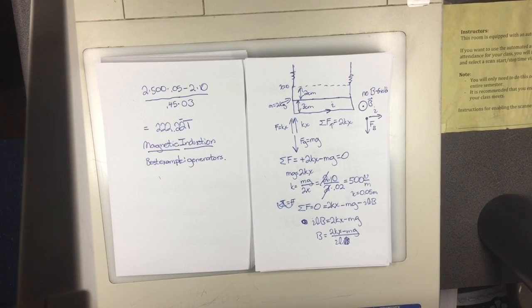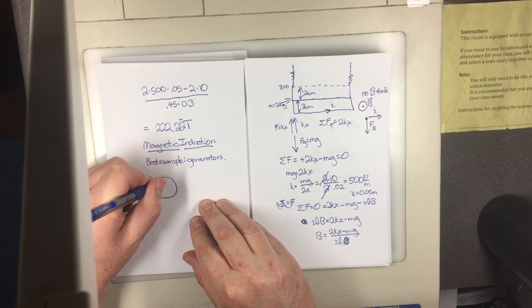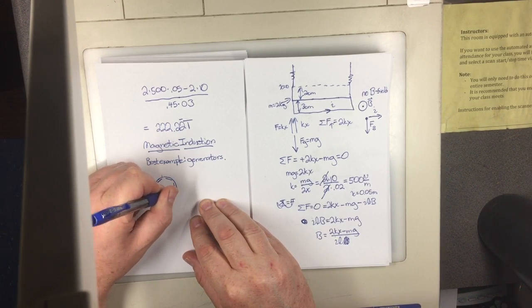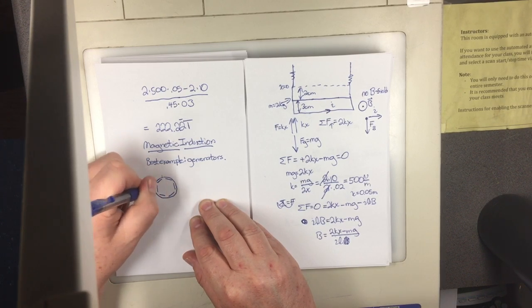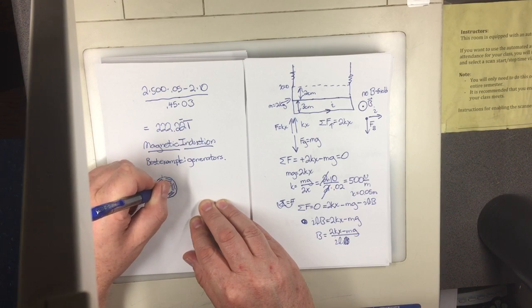If you've ever played with a toy generator, there's all sorts of things. You can have a hand-cranked flashlight or a hand-cranked radio. Inside the generator, there are all these wires coiled, and inside there's a series of magnets, I'm doing the drawing no justice.